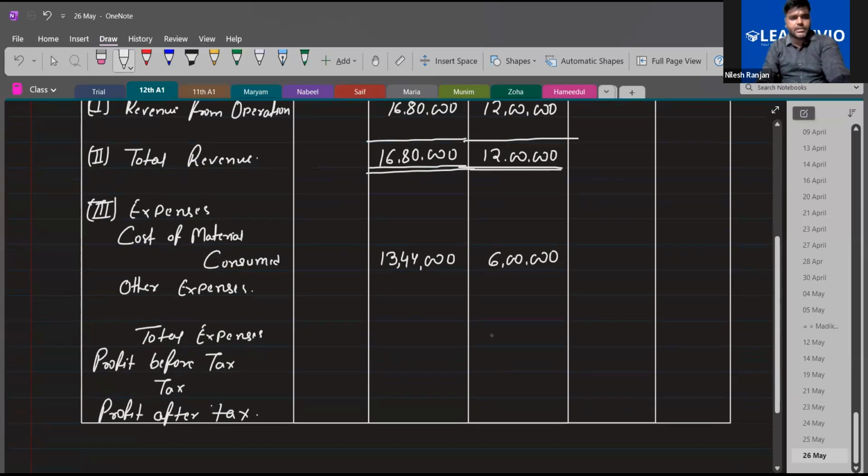After that, it is expenses. Other expenses we need to calculate.